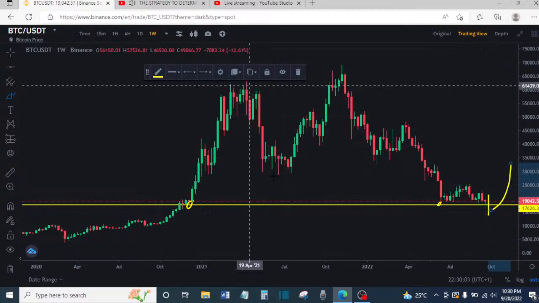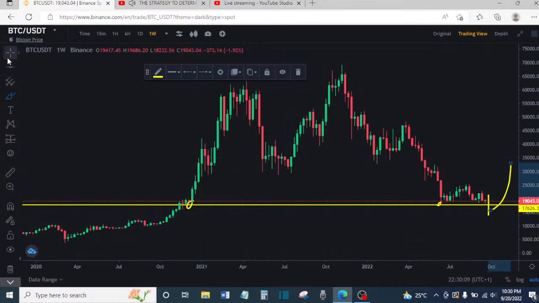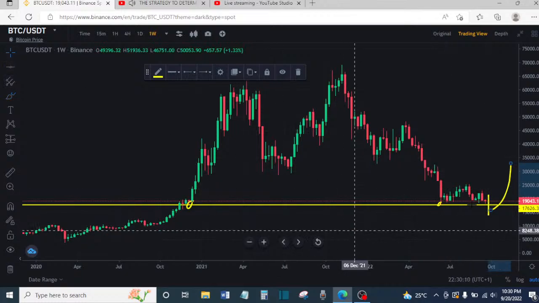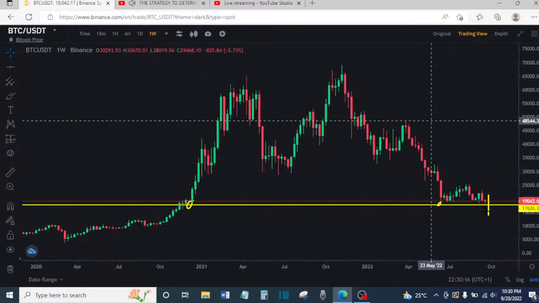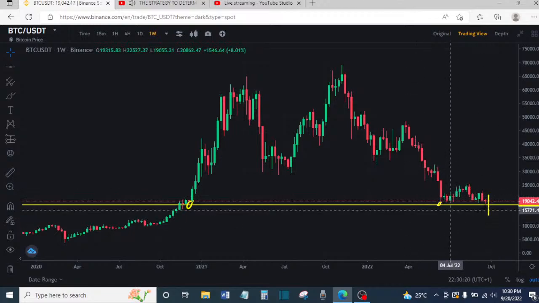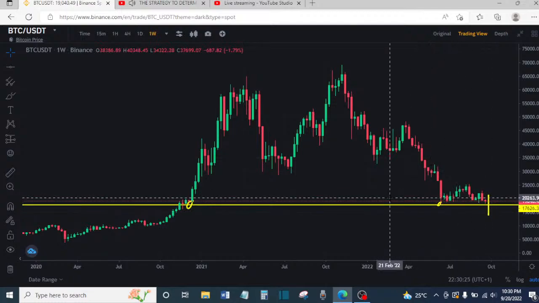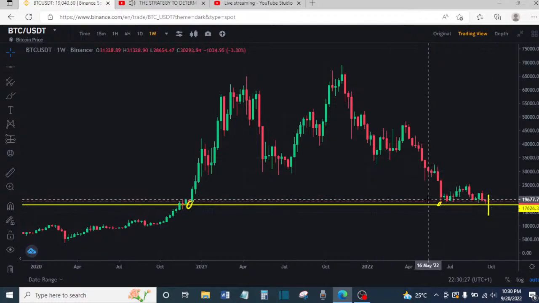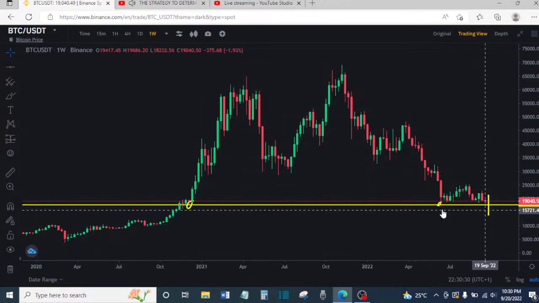Okay, so that is the best point that I see, but when you look at it literally, you will also see that this area actually is going to be a buying zone. So for those that want to buy Bitcoin for the long term, this area is not totally a bad area to buy Bitcoin.